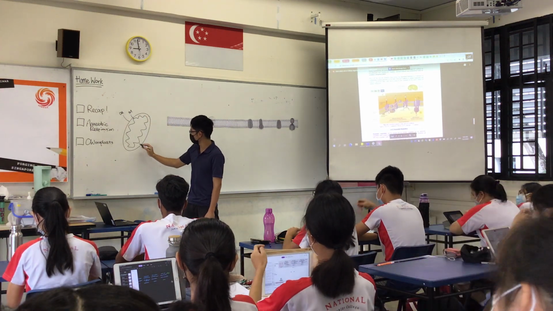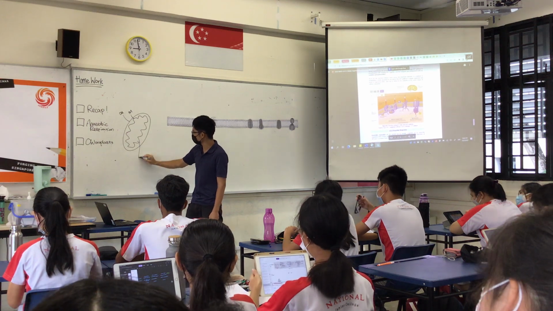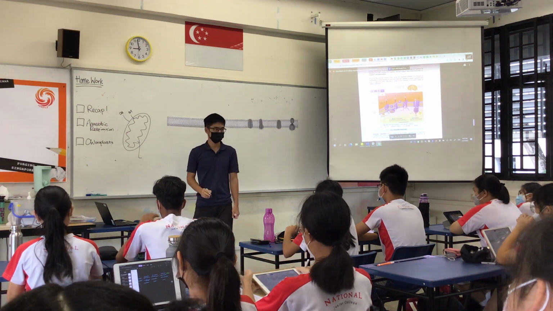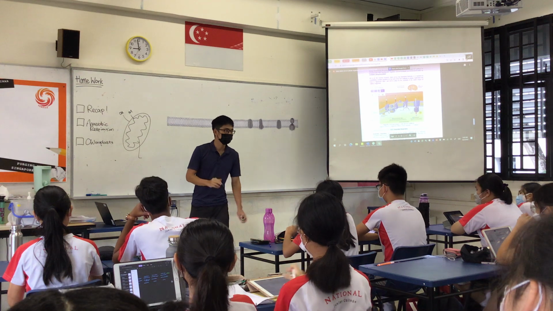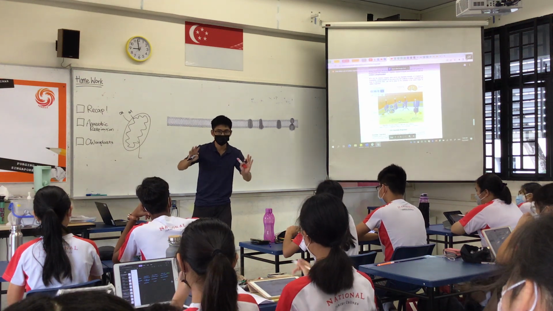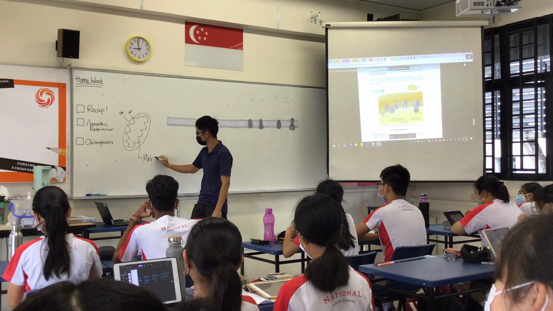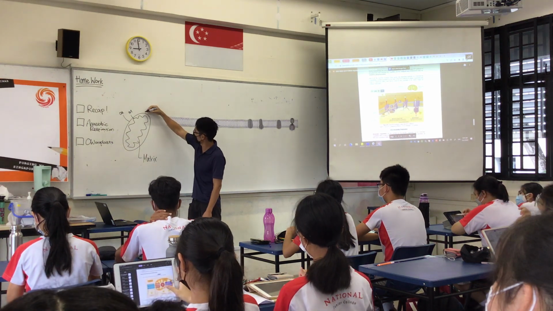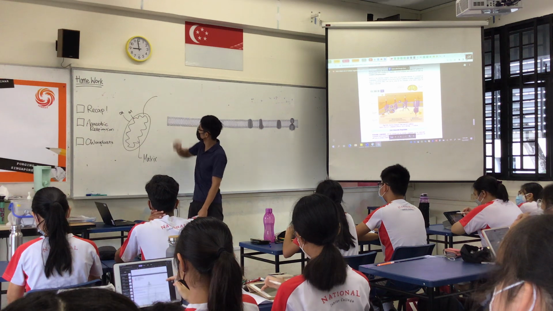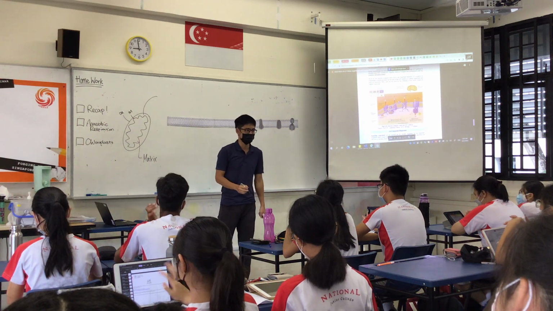Okay, quick recap for all of you. What is this space inside called? Okay, matrix. Next, what do we call this space between the outer and inner membrane?